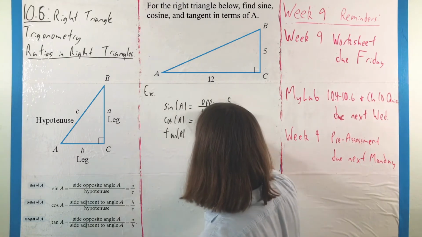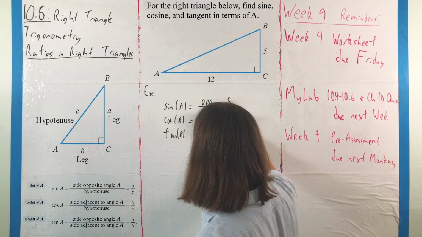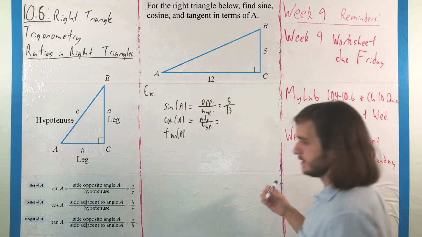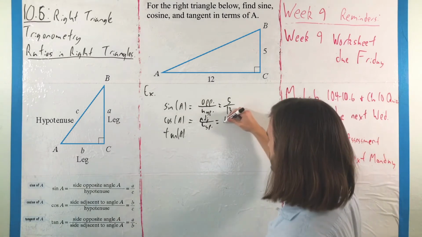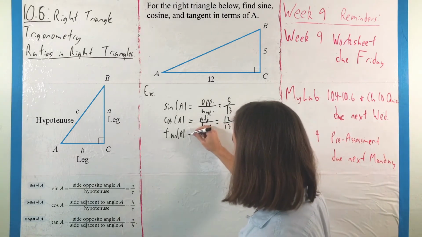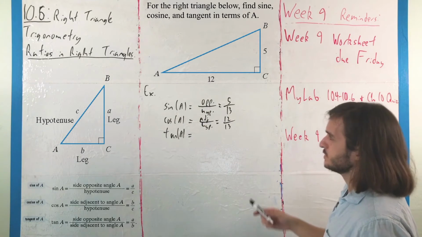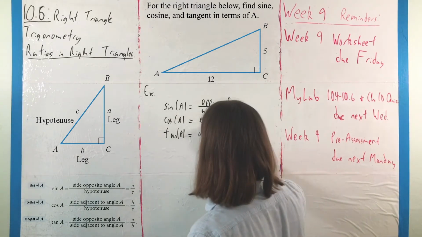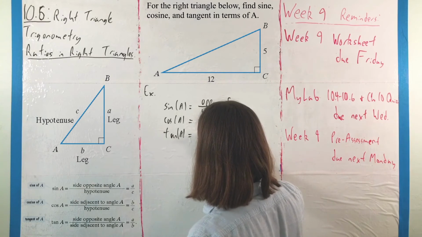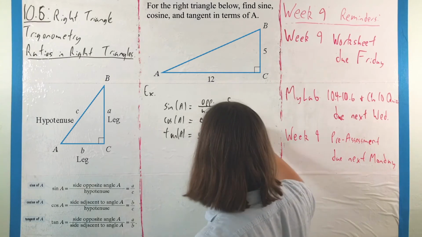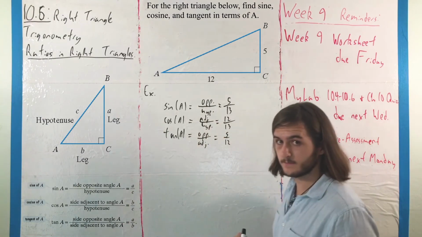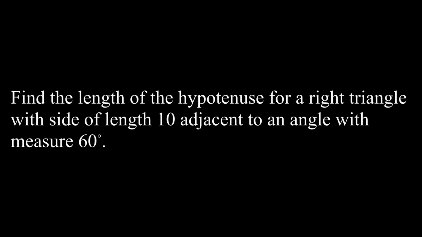Then for cosine, we have adjacent over hypotenuse, where the adjacent side length is 12 and the hypotenuse length is 13. And then finally for tangent, we have opposite over adjacent, or 5 over 12.